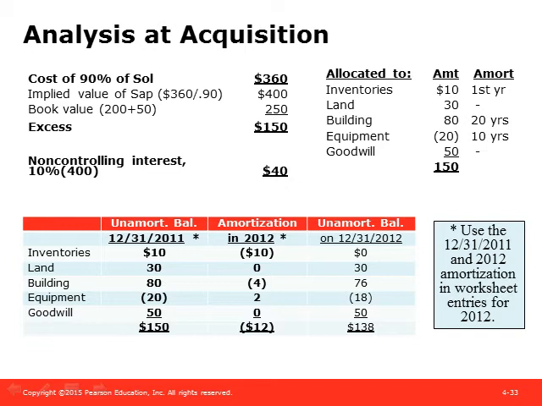Then we're given the amounts of the price allocated to inventories, land, building, equipment, and the remainder going to goodwill based on fair values. And then beneath here we see the unamortized balances at 12/31/2011. The amortization is calculated in 2012, which gets us to the unamortized balances on 12/31/2012.